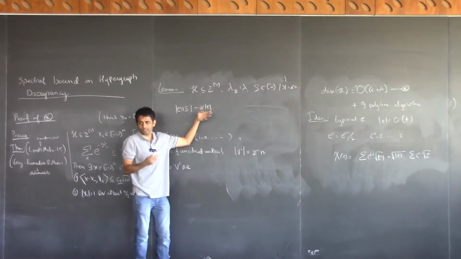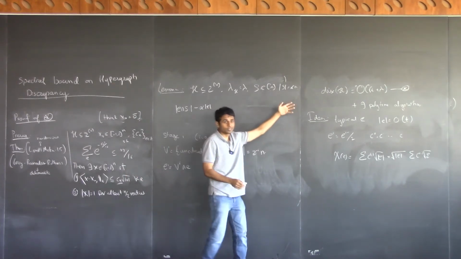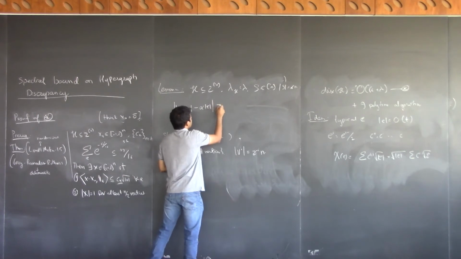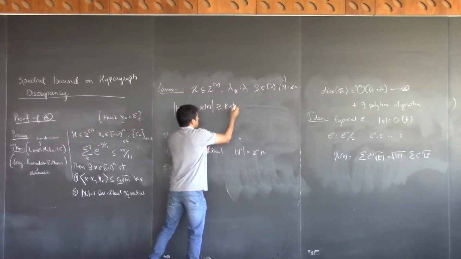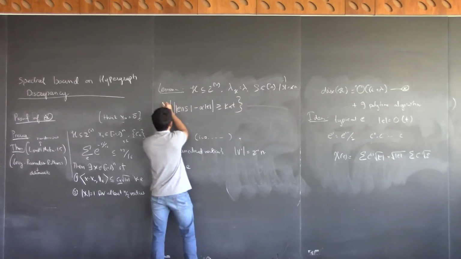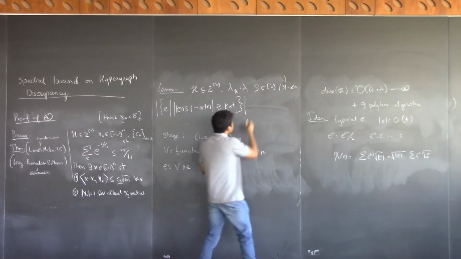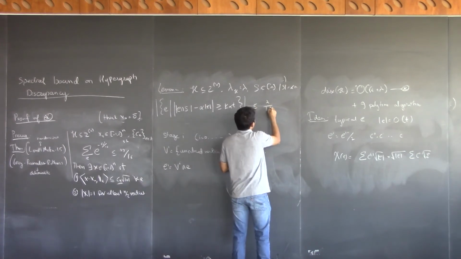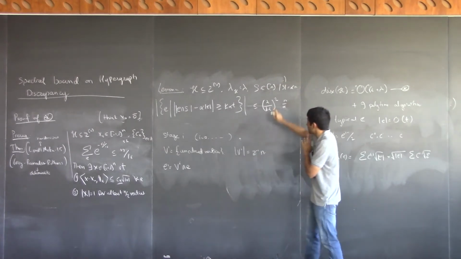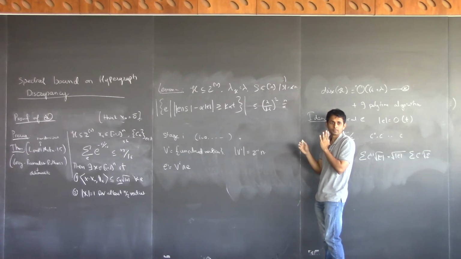You take alpha fraction of the vertices, you cover alpha fraction of most edges. Suppose I want the number of edges such that this happens. Is at most, say, lambda over something. It's small, it goes down as lambda goes down.